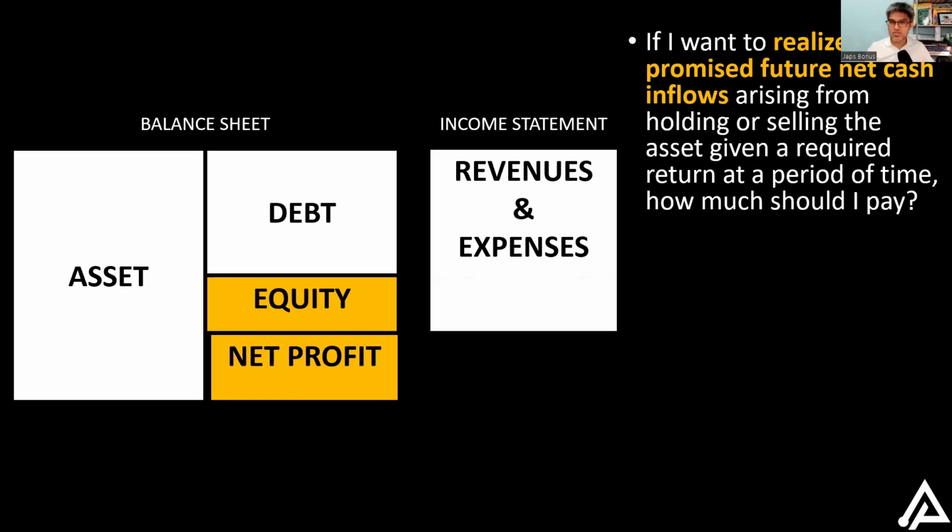The income approach or discounted cash flow approach answers the question, if I want to realize the promised future net cash inflows of a particular asset arising from either holding on to it or selling it in the future, how much should I pay? Or if I have this asset and it's generating this cash inflow in the future, what is the price I should be willing to sell it?